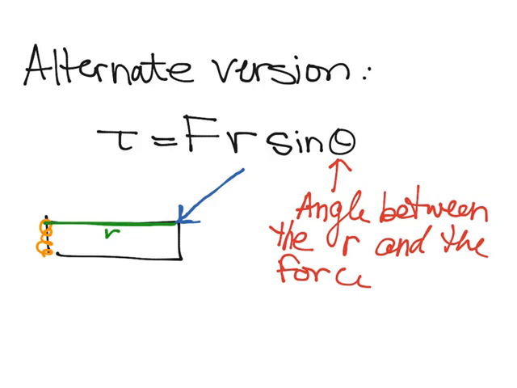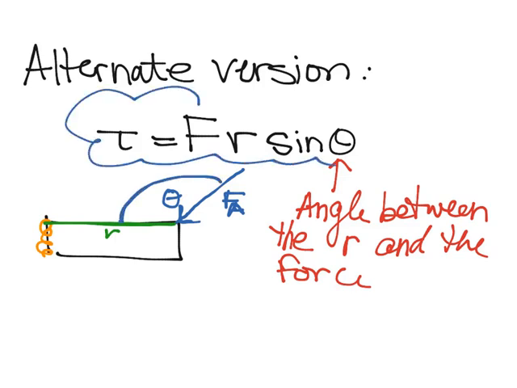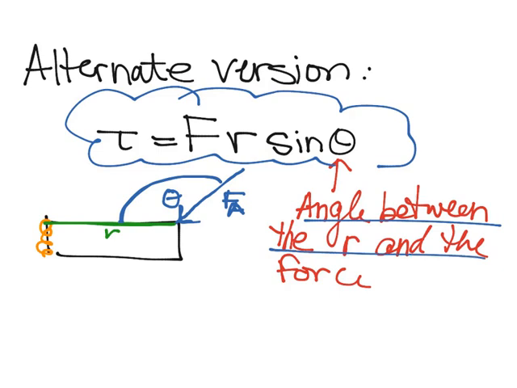I have applied some F_A, and the angle that I'm going to plug into sine theta will be the whole angle between here and here. So you can use this other alternate version as long as you're able to remember the definition of this angle. It's the angle between the radius and the force.